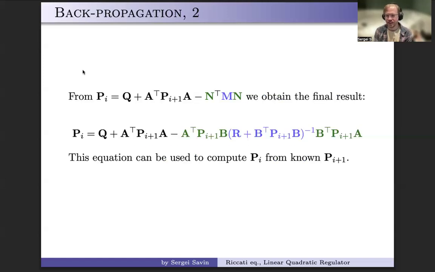So the way it works is like this. For discrete LQR, you want to first find all those P, right? And you can see that it is done in the form of backpropagation. So if you know final P, you can find previous P. So what people often do is they set the final P and they try to find all the previous ones from there, right? So that is possible. Or there is an alternative, quite interesting way.